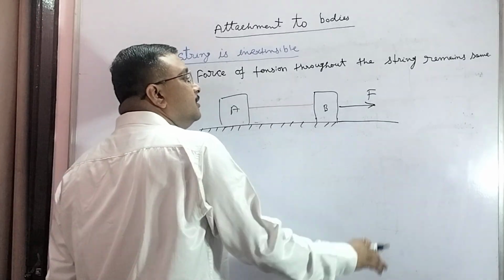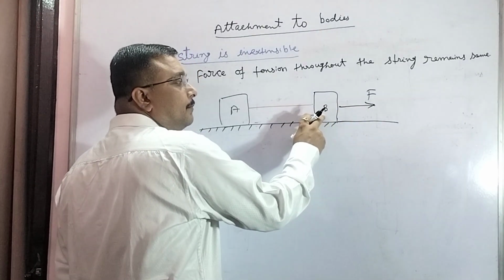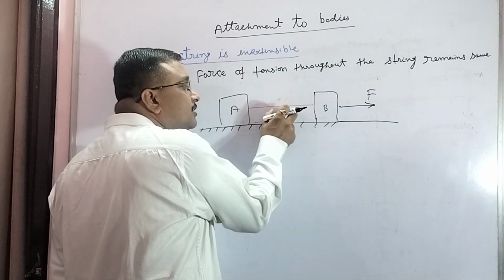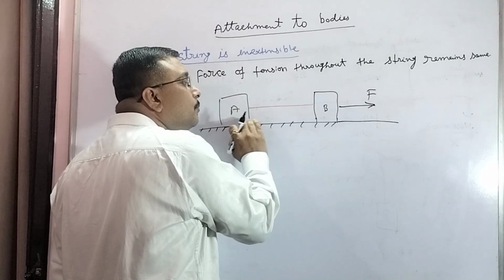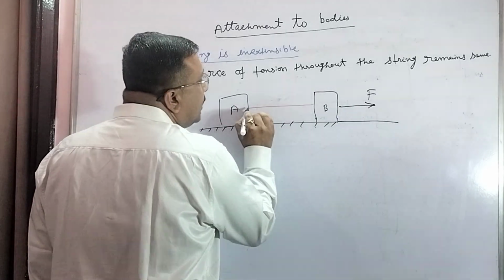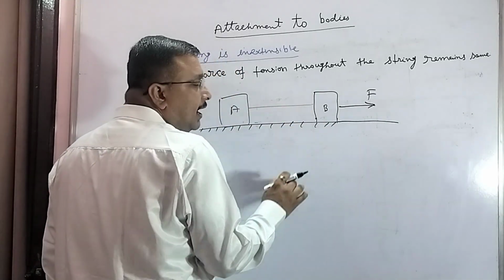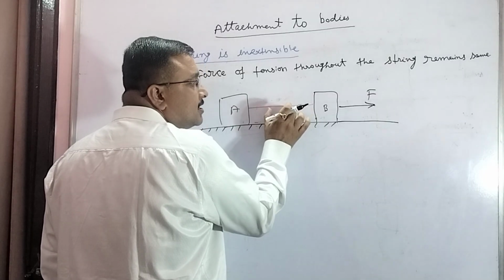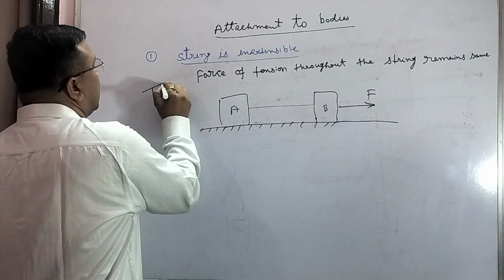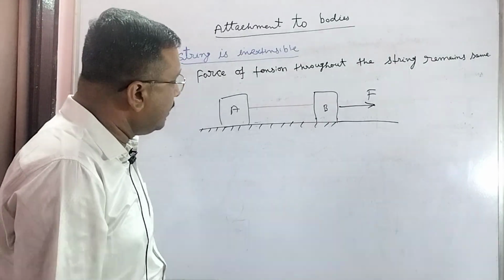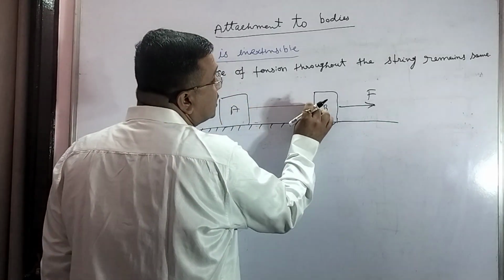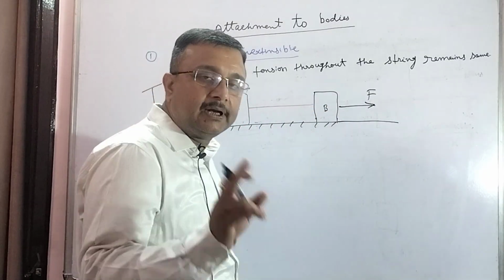So what happened? This force pulls B, and B is connected to A through this string, so A will also move in this direction. We can prove that also. So at each and every point of this string, the value of tension, we shall denote force of tension by T in our discussion. So force of tension at each and every point of this string remains same.